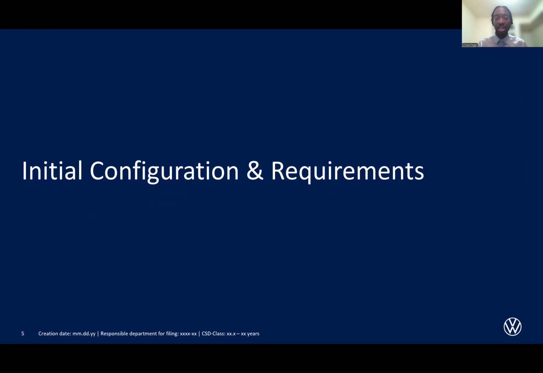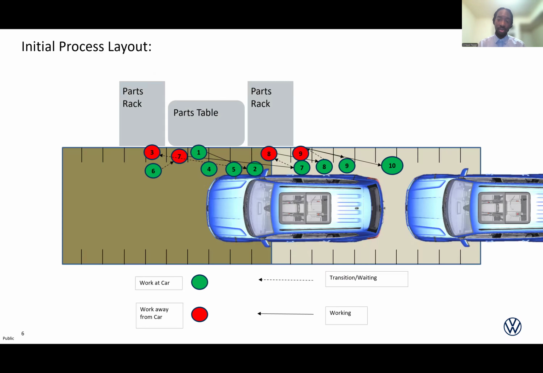Now we'll talk about the initial configuration and the requirements. So initially, as you can see, we have two parts racks, one parts table, two cars, and more info about this graphic. The work at the car is going to be done in green, and the work away from the car is going to be done in red.